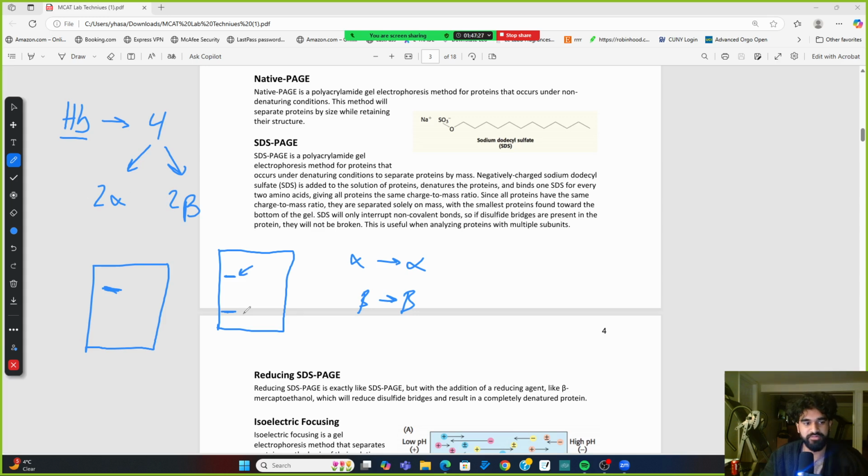And the beta is going to move further because it's lighter. Does that make sense? So, this is the native PAGE of hemoglobin. This is the SDS-PAGE of hemoglobin. Understood?